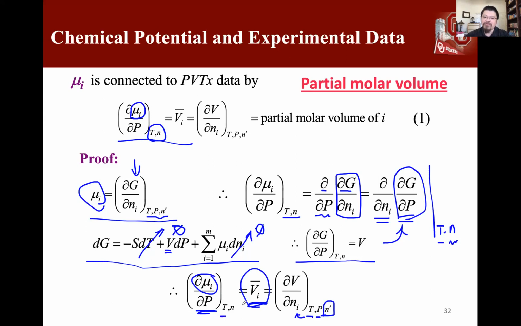But now with this first equation, we actually have the answer, which is we just need to measure the partial molar volume change. In reality, it's more complicated than I just described, but the general idea is exactly as I described. We simply do the PVT measurement, and then we have an understanding of chemical potential.